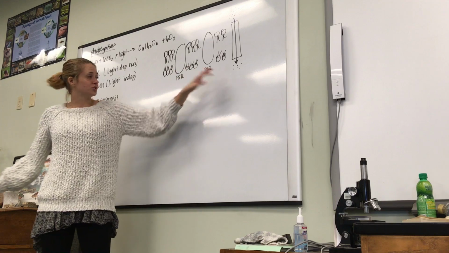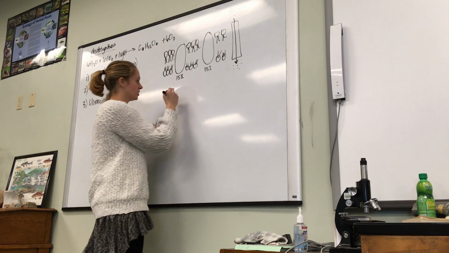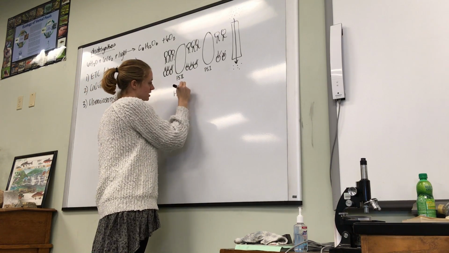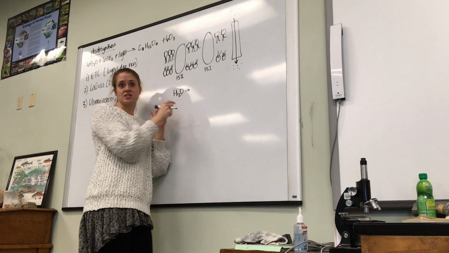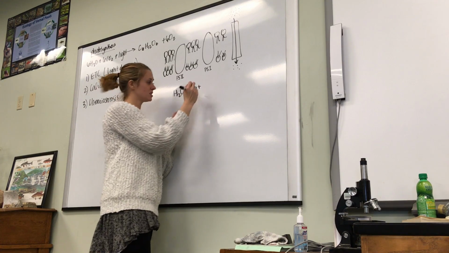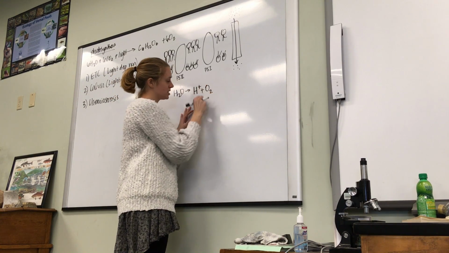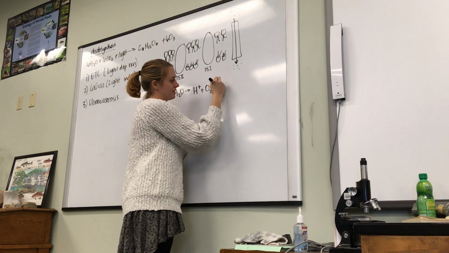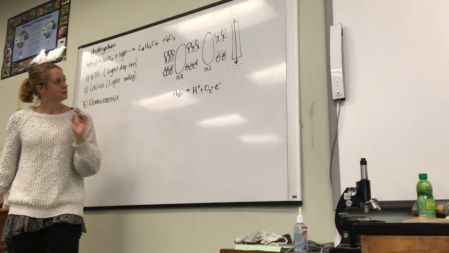We'll talk about osmosis in just a second if you want to. But as soon as it gets in here, it splits. So this is the hydrolysis part. We create some hydrogen ions in here, we have some oxygen in here, and we have some free-floating electrons.